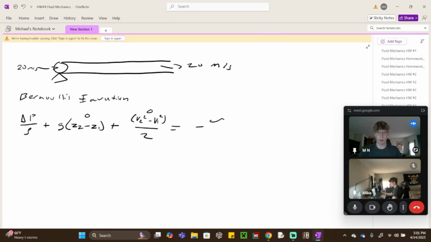friction work, so big F here, plus the non-flow work, which is W_NF, over our mass flow rate. And for our situation, this entire side will go to 0. So we have our frictional work being equal to our non-flow work over mass flow rate.